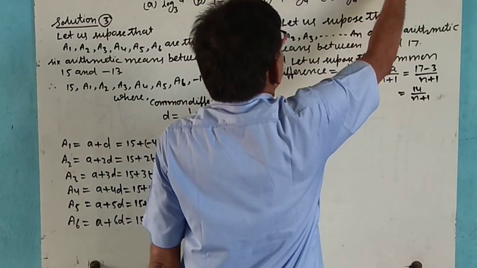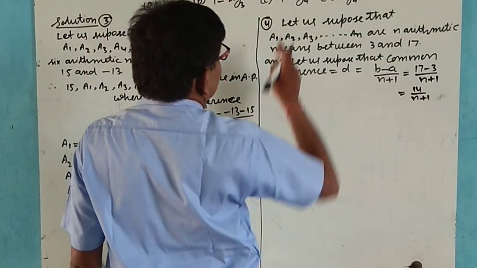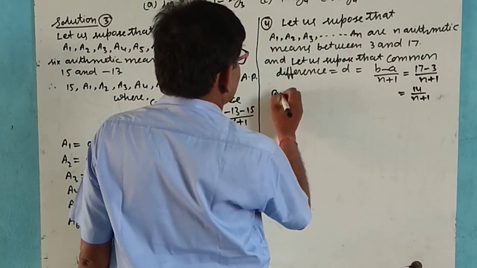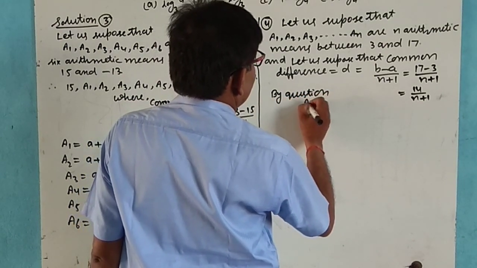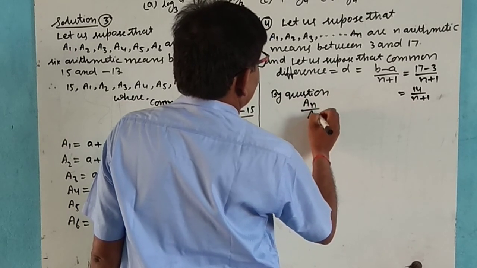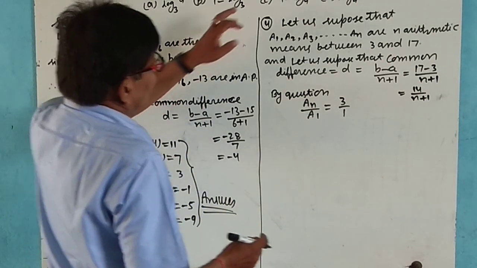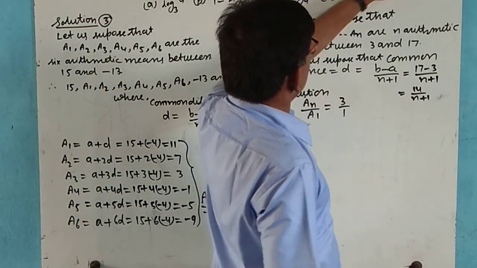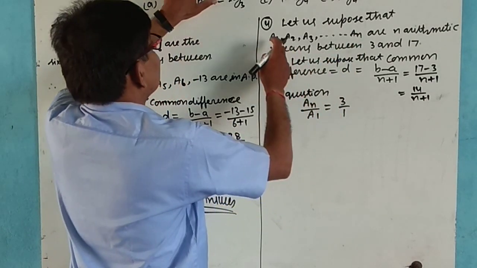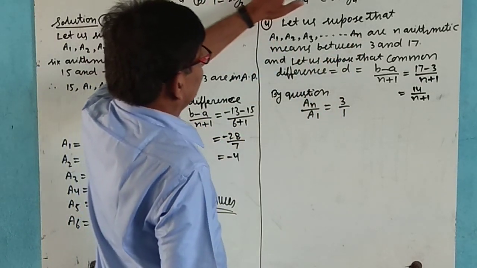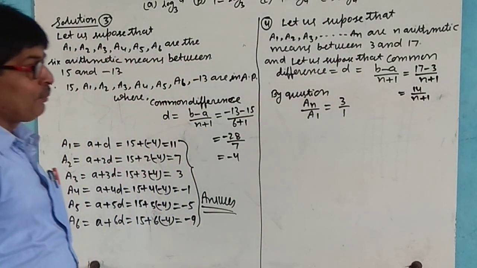By equation, An by A1 equal to 3 by 1. Find the value of n.